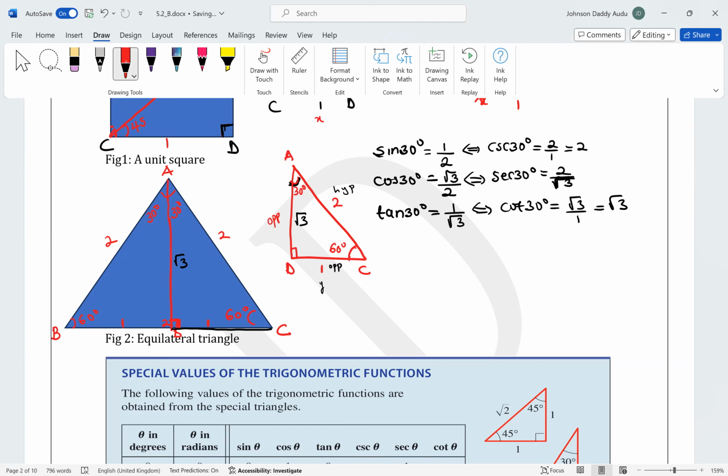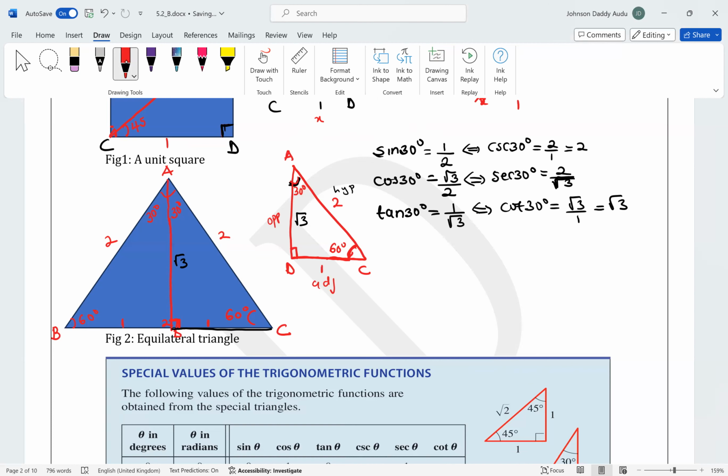Then the hypotenuse will still remain. But now what will change is that this place becomes our adjacent. Because remember, adjacent is the distance between your acute angle and the what? The right angle. So the 90 degree.